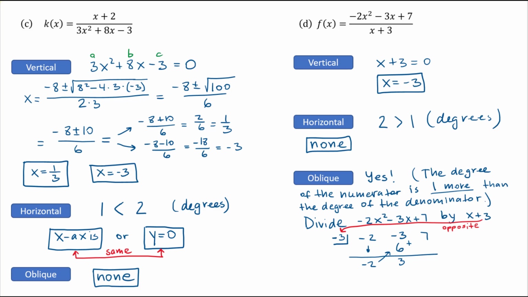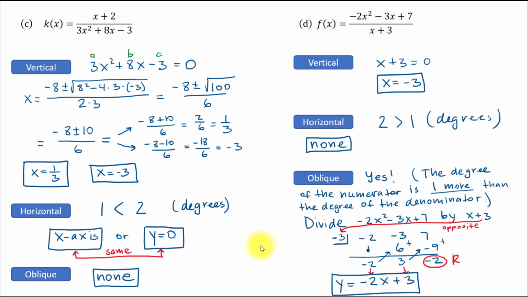And I repeat the cycle. -3 times 3 is -9. I place it here and add -2. The last digit at the bottom is always the remainder. We don't really need it here. But the other two numbers are the constants in a linear equation that defines the oblique asymptote. So this is our answer.